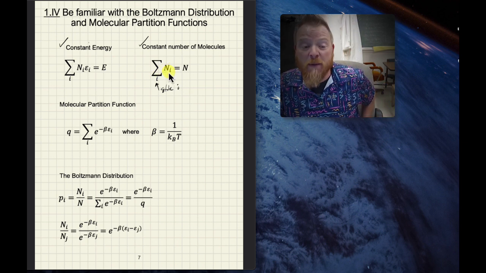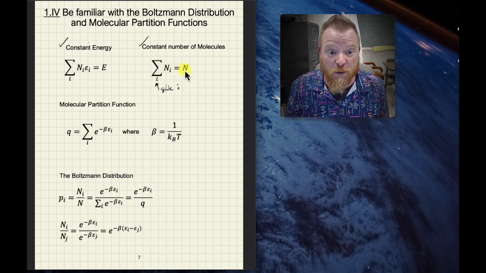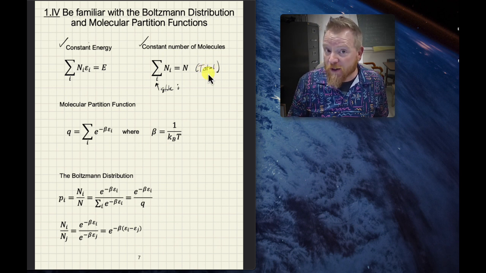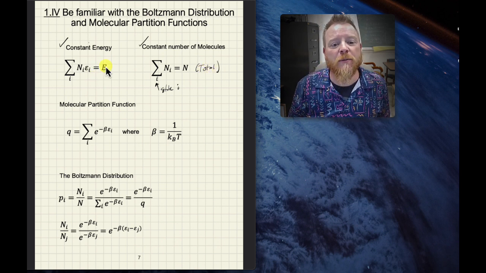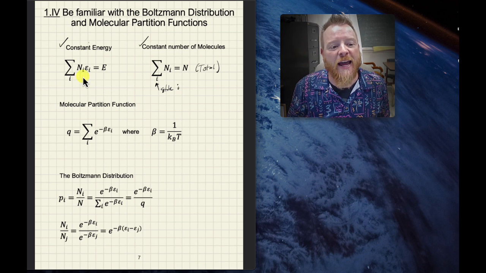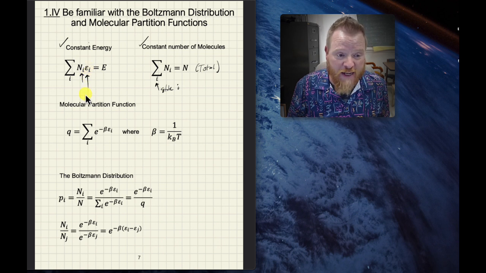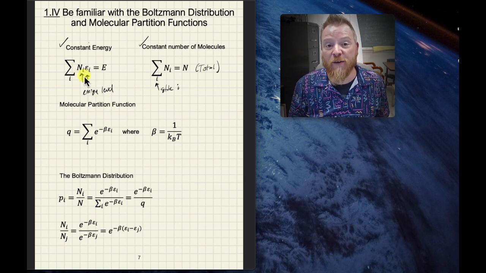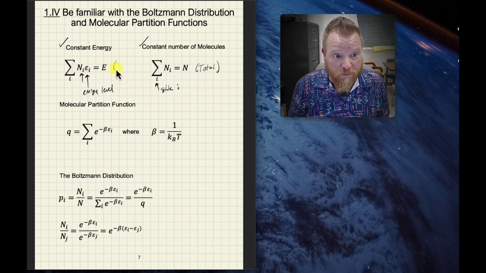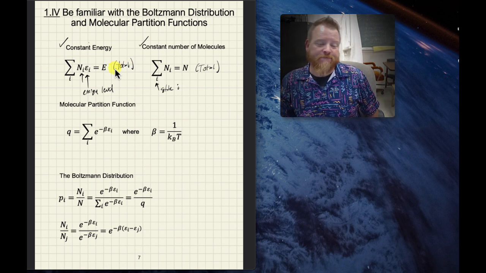And if we sum up the number of molecules in all of those states, we end up at the total number of molecules. Similarly, if we take the total number of molecules that contain energy epsilon_i, so that's the energy of the individual level, and we carry out this sum, we will then arrive at our total energy.